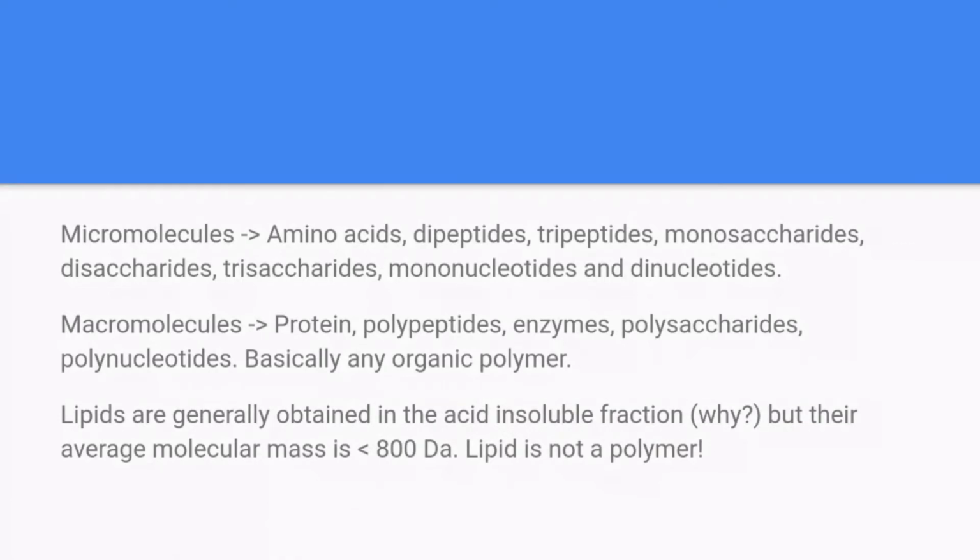Because lipids are hydrophilic? Hydrophobic, I mean. Yeah, they're hydrophobic, so they basically cannot dissolve in water because of their hydrophobic behavior. So yeah, good attempt. I like that.